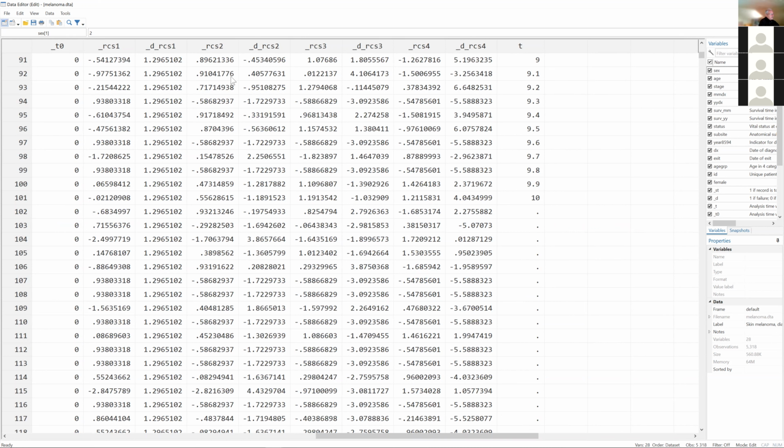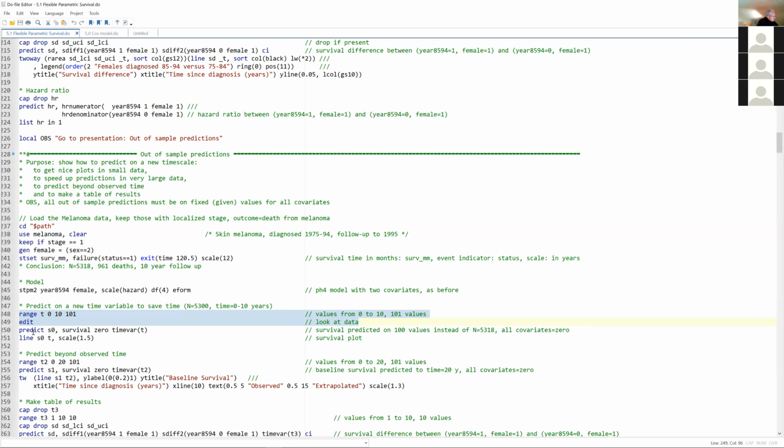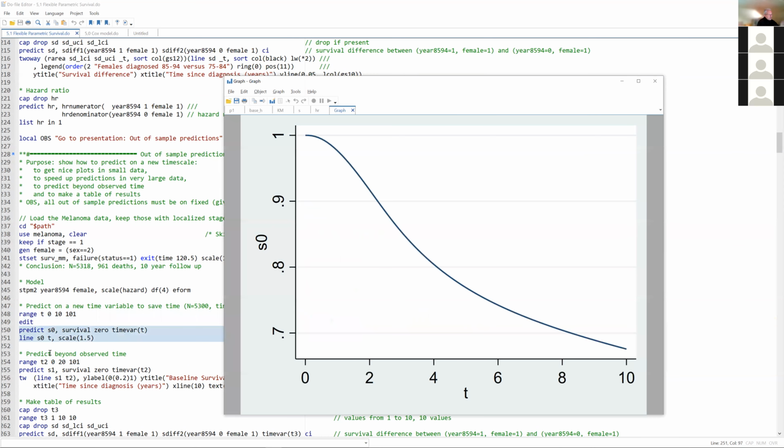So instead of predicting on all these times in the data set, ranging from, well, up to 5,000 or almost 6,000 observations, I'm now only predicting over these 100 nicely spread out times. I predict survival, set all covariates to 0, and predict on the new time variable T. And then I can do a line plot of S0 versus T and have a very quick and nice plot. So the idea here is simply to save time when you have a large data set.